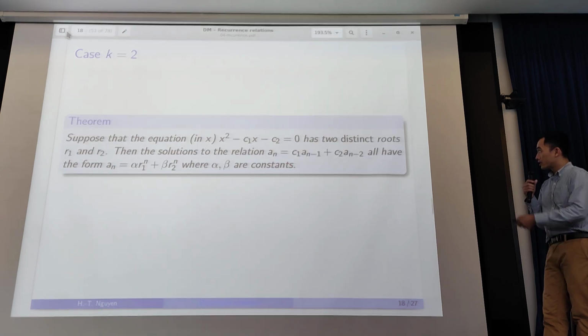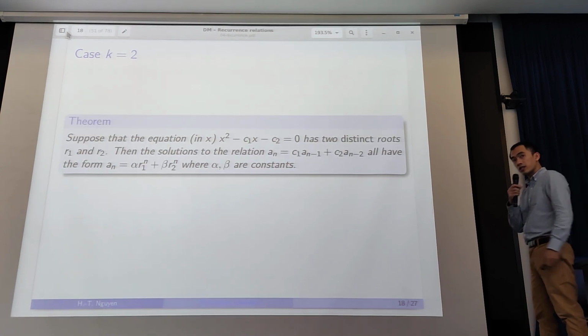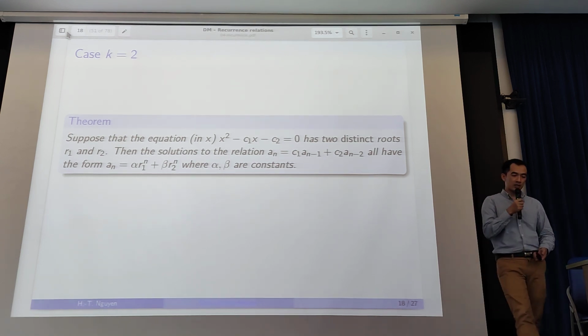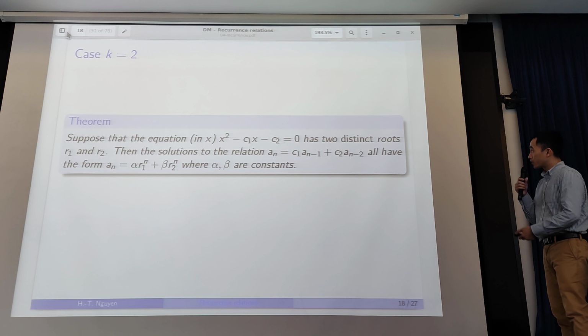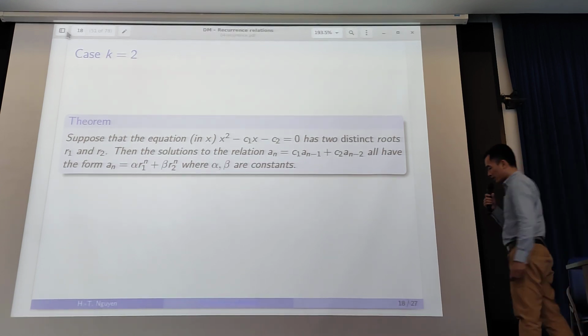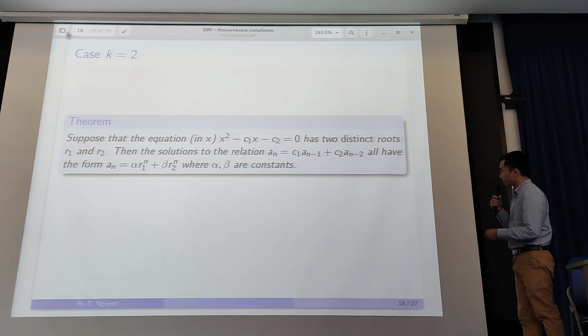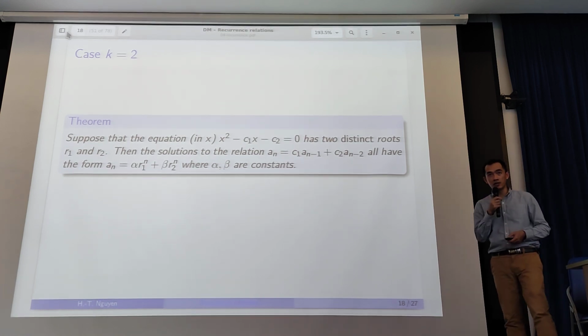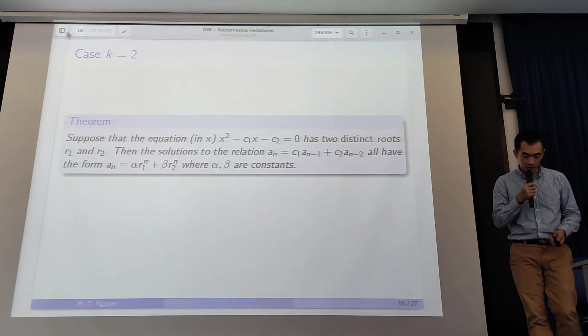So the case that we use the most is relations of degree 2. Okay, that means that k equals 2, because you know how to solve quadratic equations like this one. Okay, so we will talk about this case in particular because it is the case that you use the most.